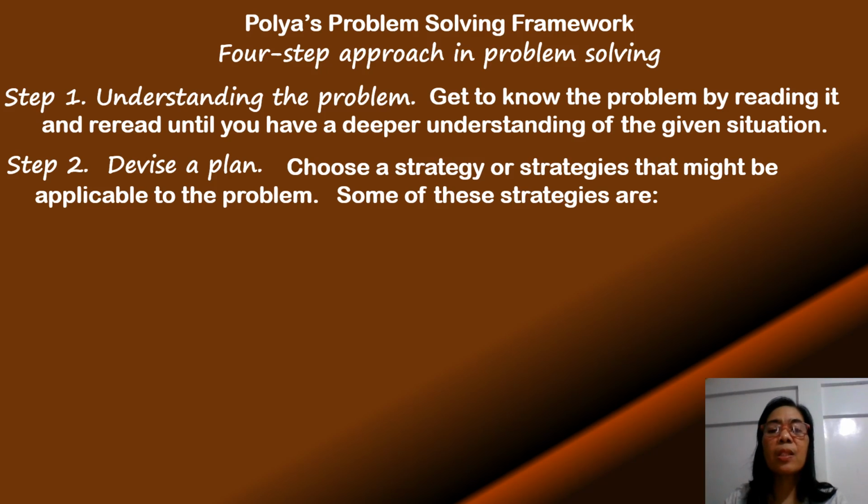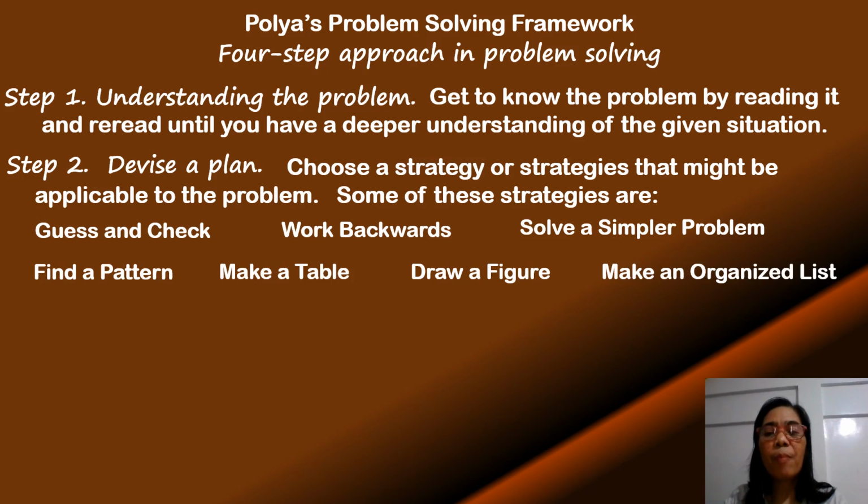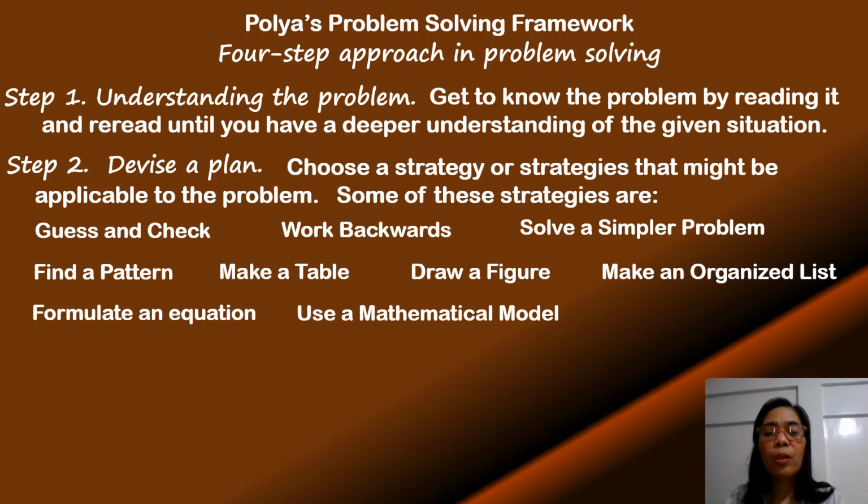Some of these strategies are to guess and check, work backwards, solve a simpler problem, find a pattern, make a table, draw a figure, make an organized list, formulate an equation, use a mathematical model, and use a variable. Usually, the use a variable technique is used together with the other strategies.